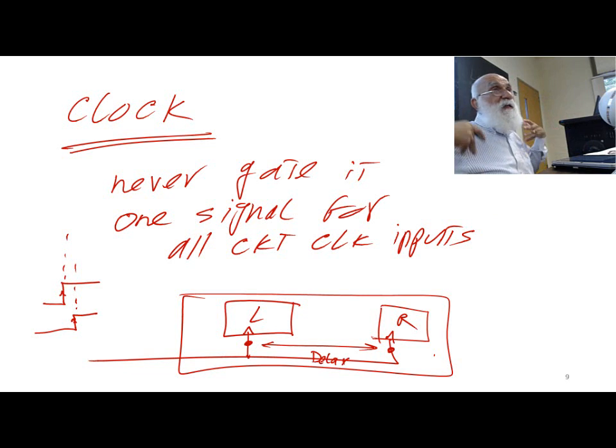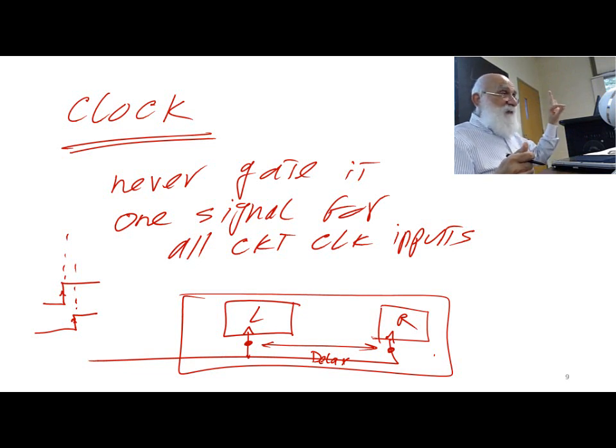That's why in big circuits what you have is a clock distribution logic. This is where I said you respect the clock. You create a clock distribution where some logic is put on the clock so that it arrives in all parts of the circuit approximately the same.